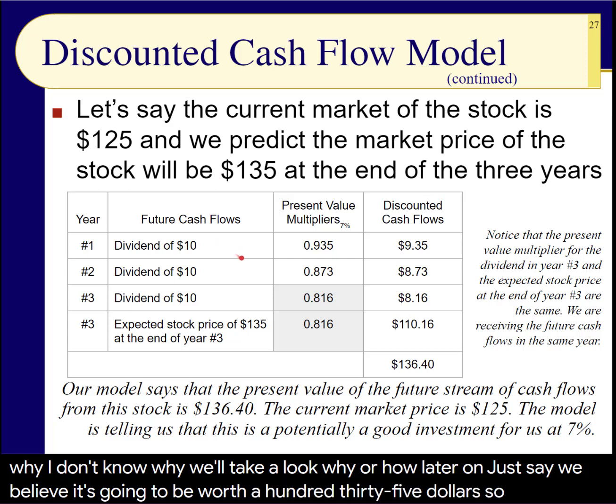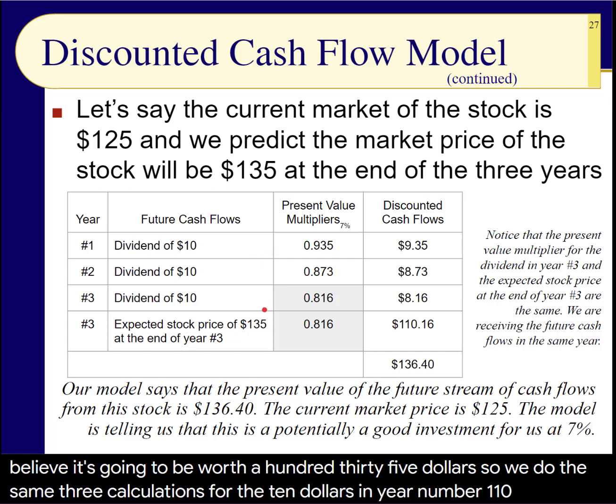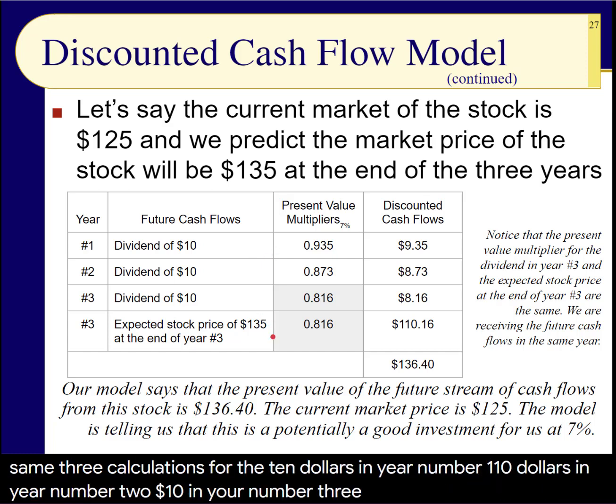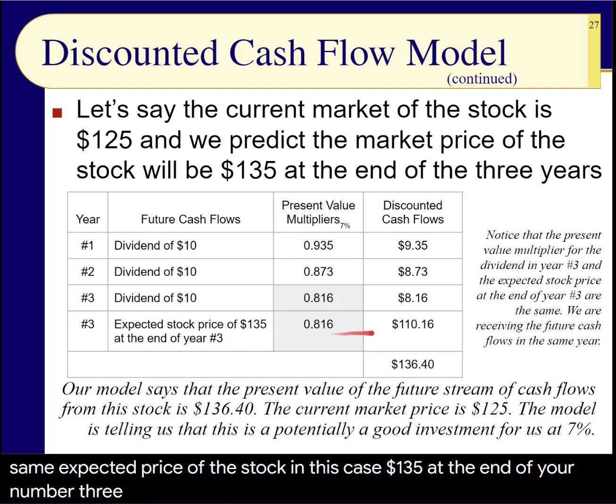So we do the same 3 calculations for the $10 in year number 1, $10 in year number 2, $10 in year number 3. But then we also use the expected price of the stock, in this case $135 at the end of year number 3, to calculate the present value of what that $135 would be.